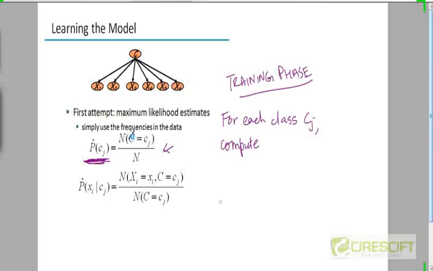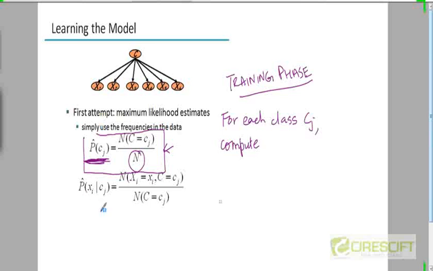And what will be the prior probabilities? They will just be the fraction of documents among the total number of documents in the training phase which are labeled with that class. So this should be simple.